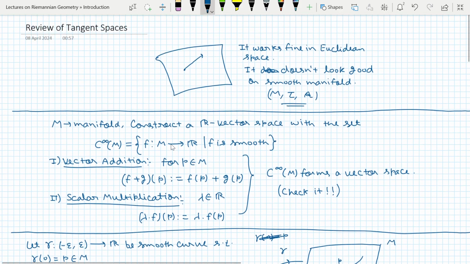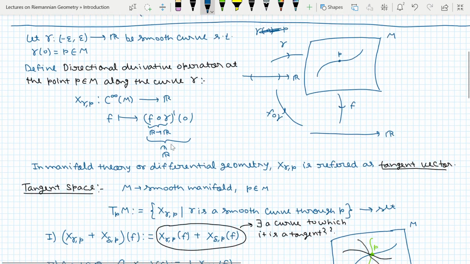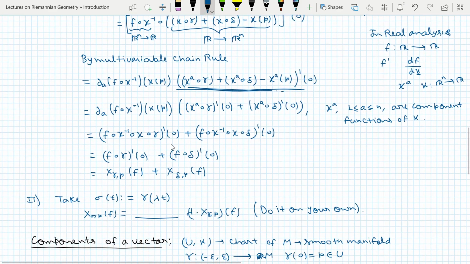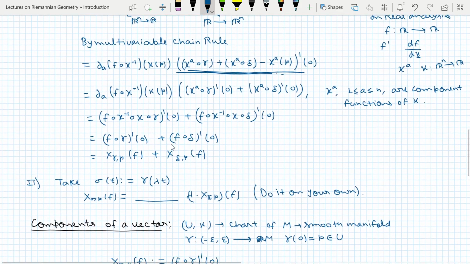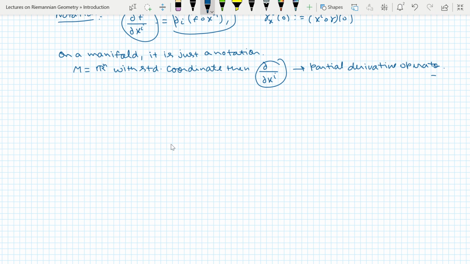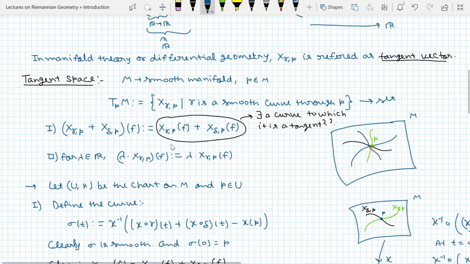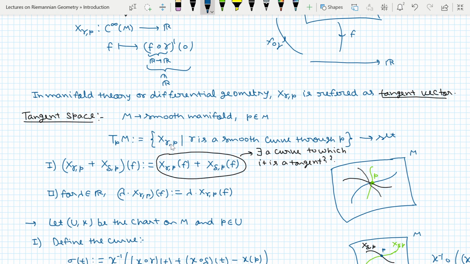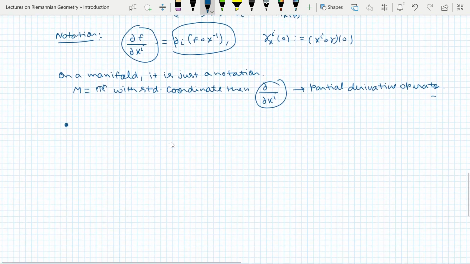My main motive was to review the concept of tangent vectors, which I have reviewed, although there are two, three, four more things that should be done, but I think now you can go and look at those on your own. The first thing that I haven't done, and you should have a look at it: I have already proved that TpM is indeed a vector space.